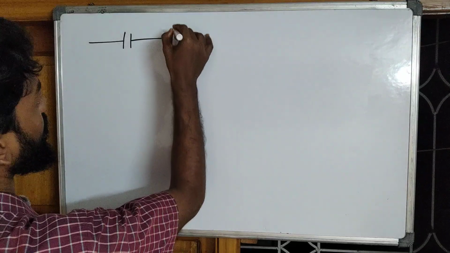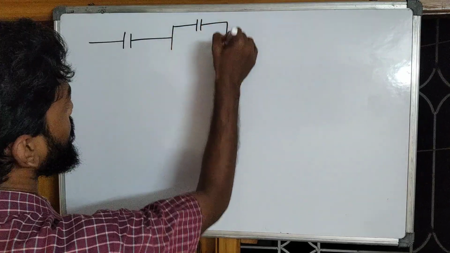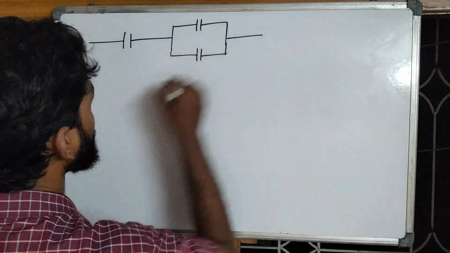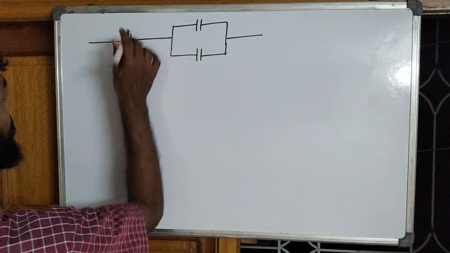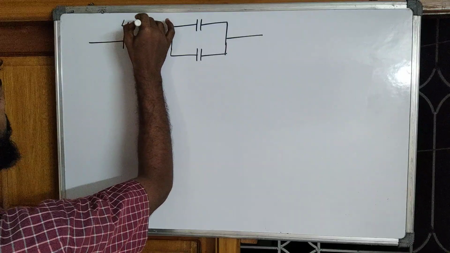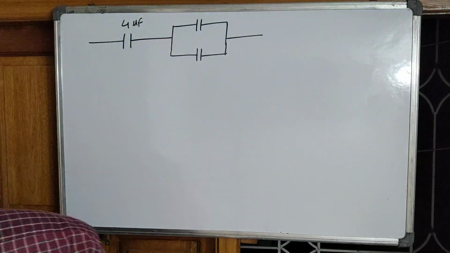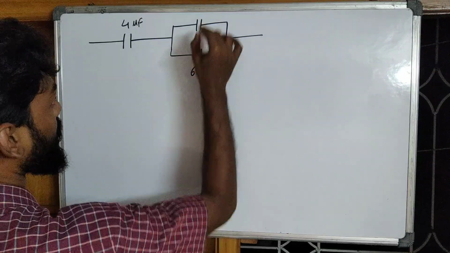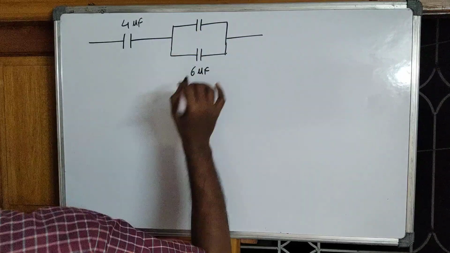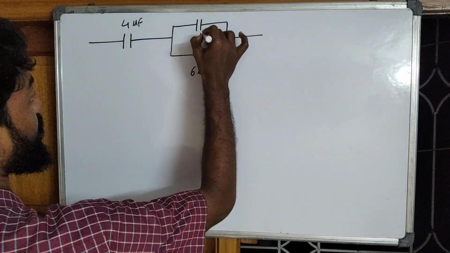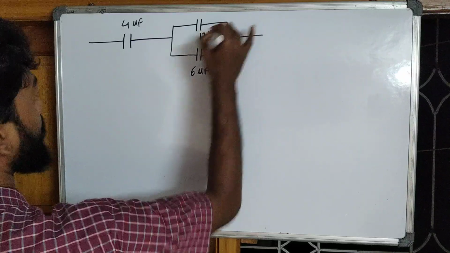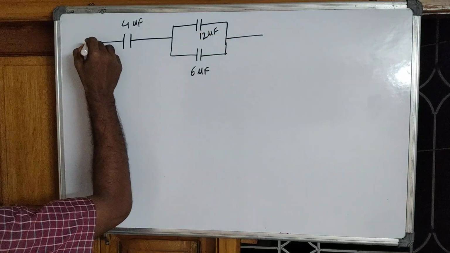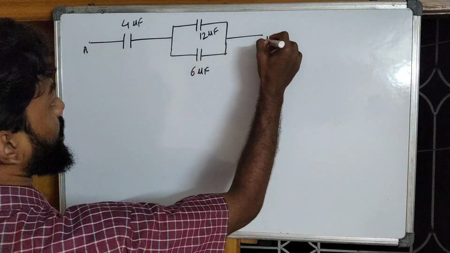This is 12 and this is 6, and this is 4 microfarad. This is 6 microfarad, and the top one is 12 microfarad. And this is between the points A and B.